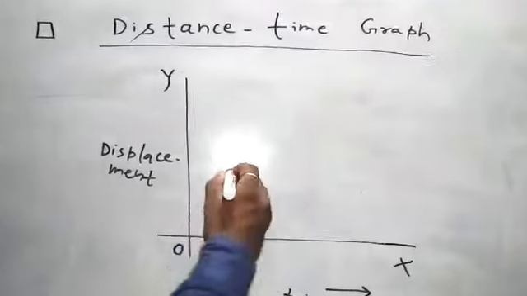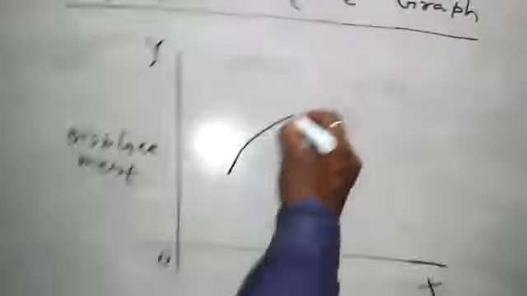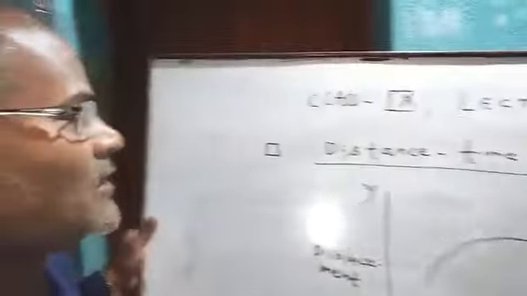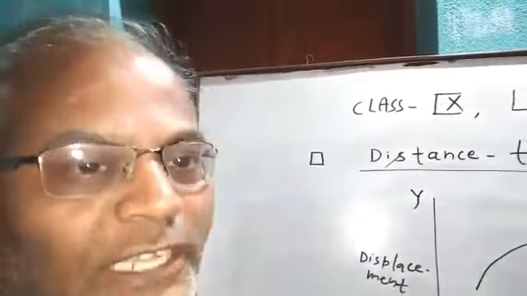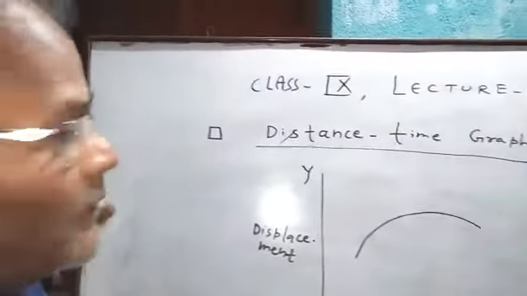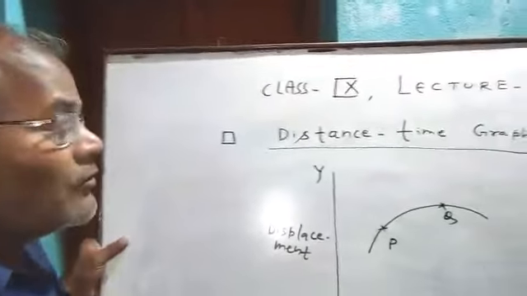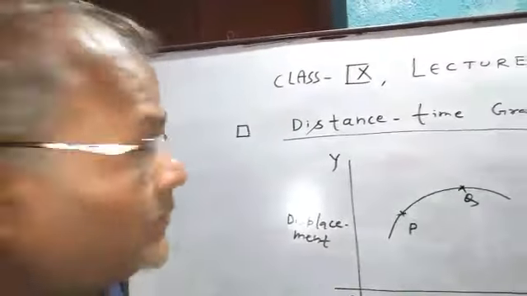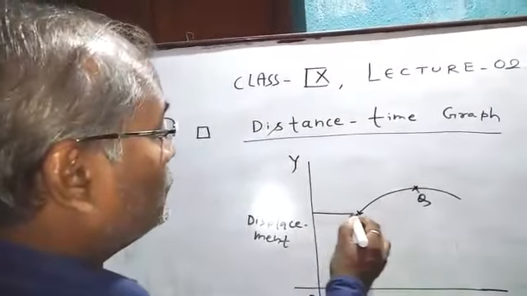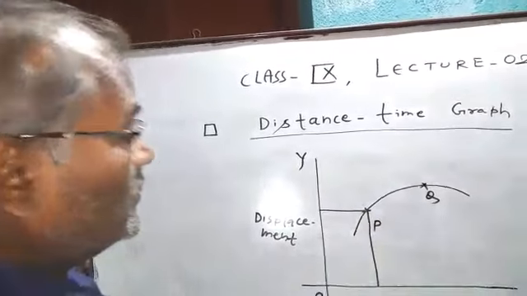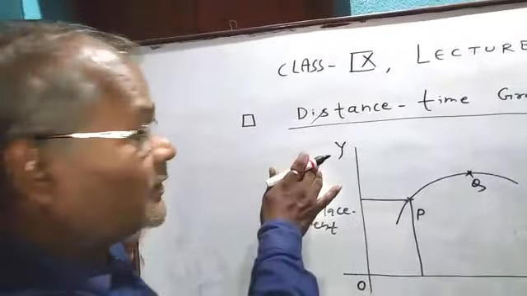Here we take a graph. Let us suppose that it is a displacement time graph, and we take two points, P and Q. Now we draw two perpendicular lines from point P on the time axis and displacement axis respectively.